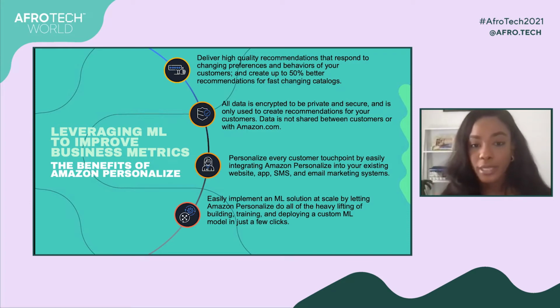Personalize can also be integrated with your websites, your applications, and even your email marketing systems to provide tailored experiences for your customers while eliminating high infrastructure and resource costs. Lastly, Amazon Personalize automates many of the complicated steps involved in building, training, and deploying a machine learning model.